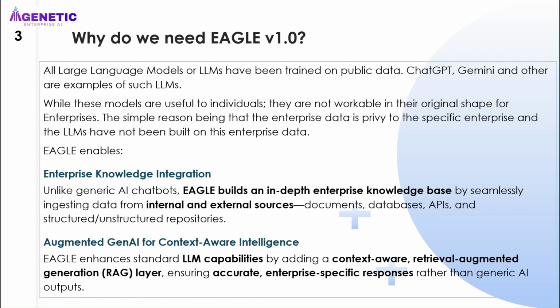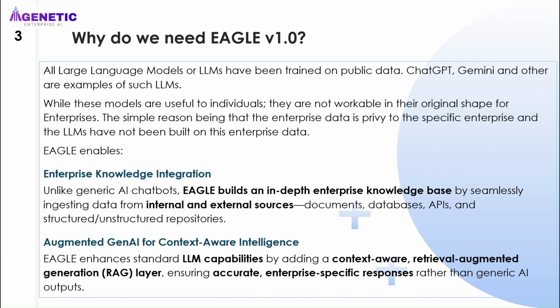While these models are pretty useful to us, they are not workable in their original shape for enterprises. The simple reason being that the enterprise data is private to the specific enterprise, and all these LLMs have been built on public data, and they are not private to the enterprise data. So that's exactly where Eagle comes in.